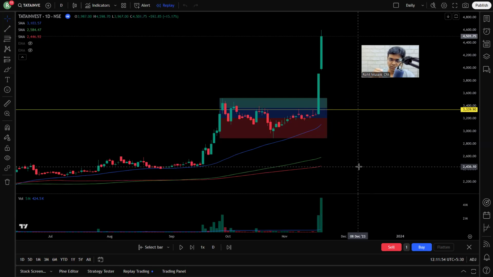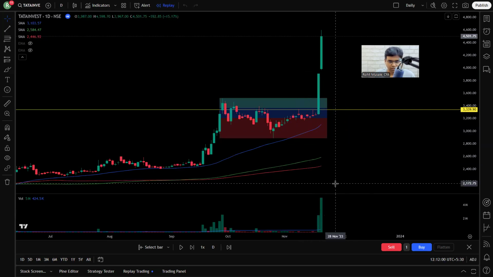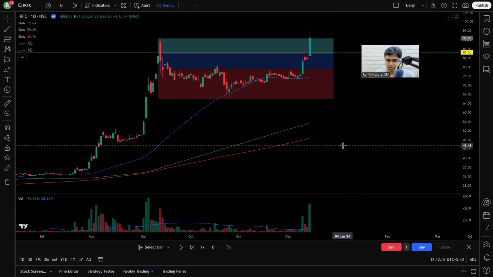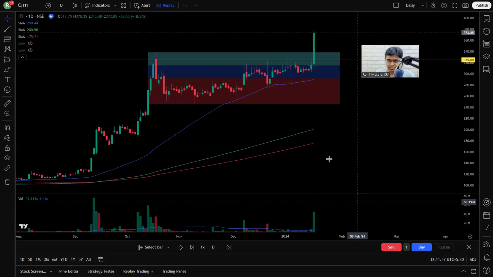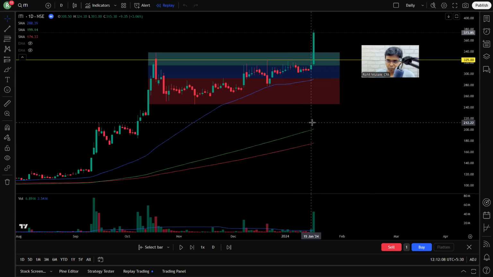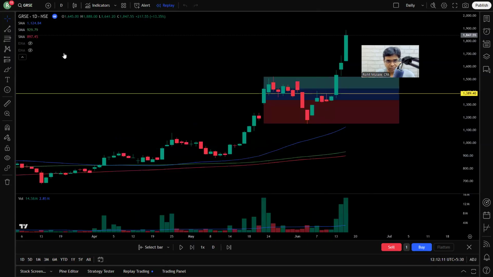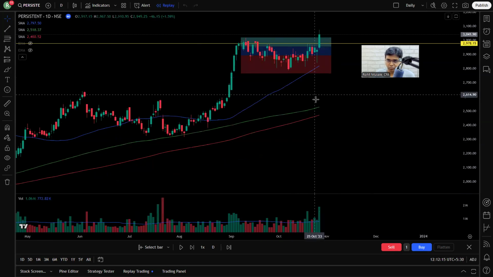So notice blue, green, red, and the price above the three moving averages. So this is Tata Investment. This is IRFC, blue, green, red. This is ITI, blue, green, red. This is GRSC, blue, green, red. This is Persistent, blue, green, red.